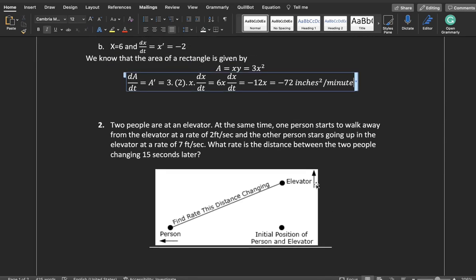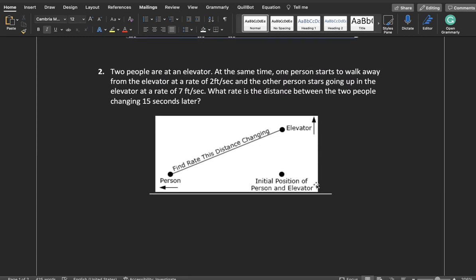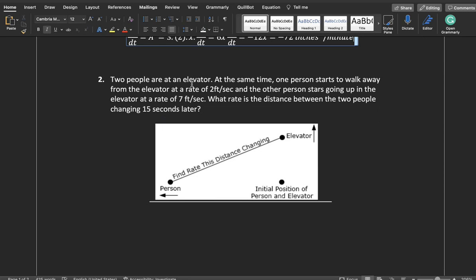Looking at question 2. So what's happening in question 2? We have 2 people that are at some elevator, okay?